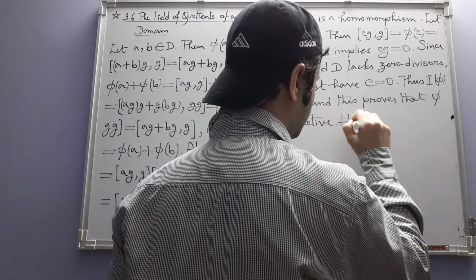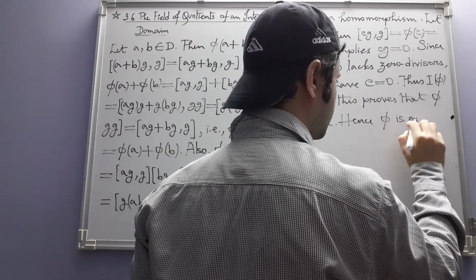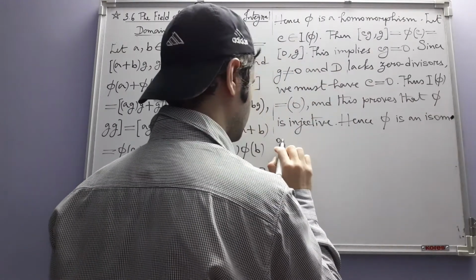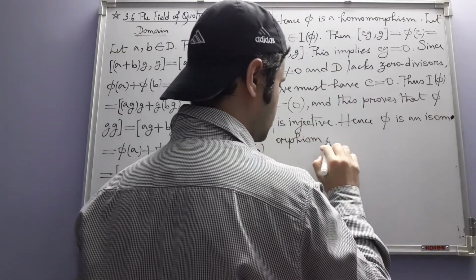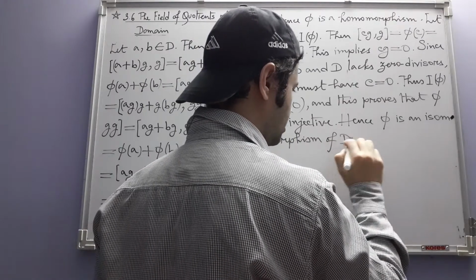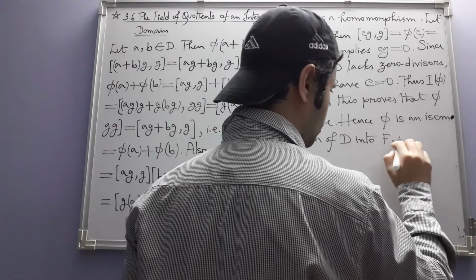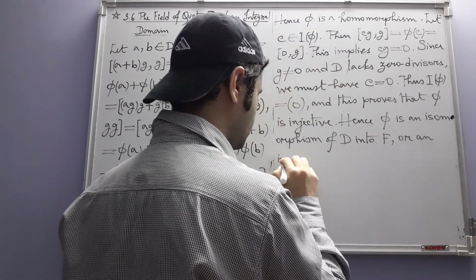Hence, phi is an isomorphism of D into F, or an embedding.